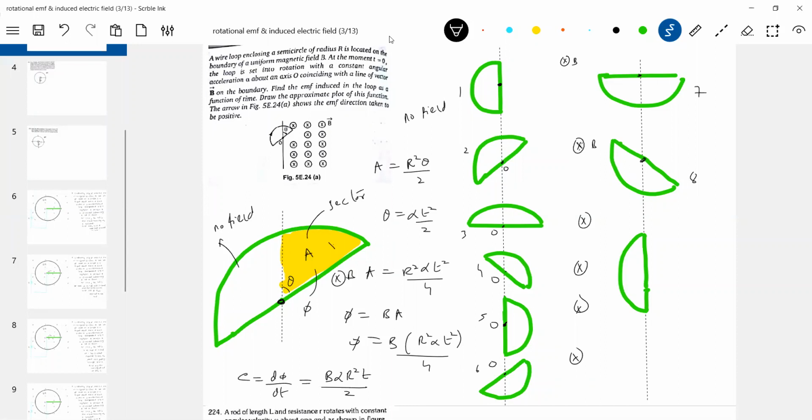When it moves from 7, 8, the flux starts decreasing, no? So from 5, as it starts rotating, the flux starts decreasing. Look at the area now. This area starts decreasing.